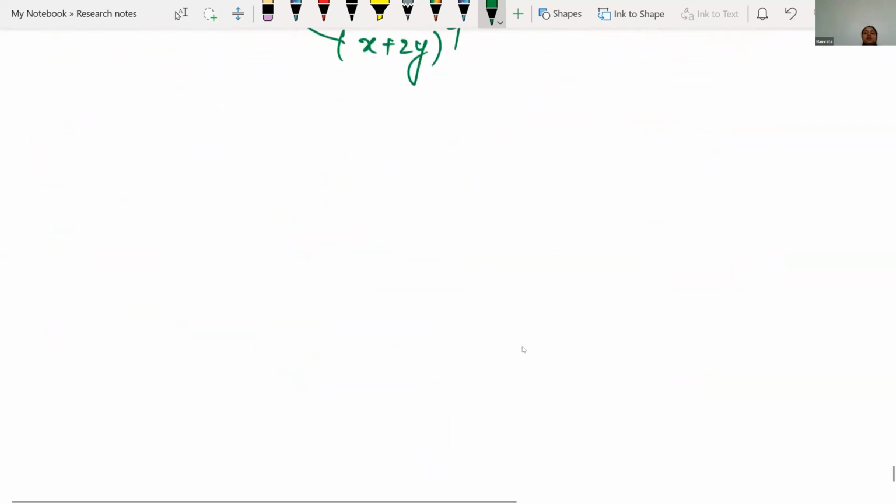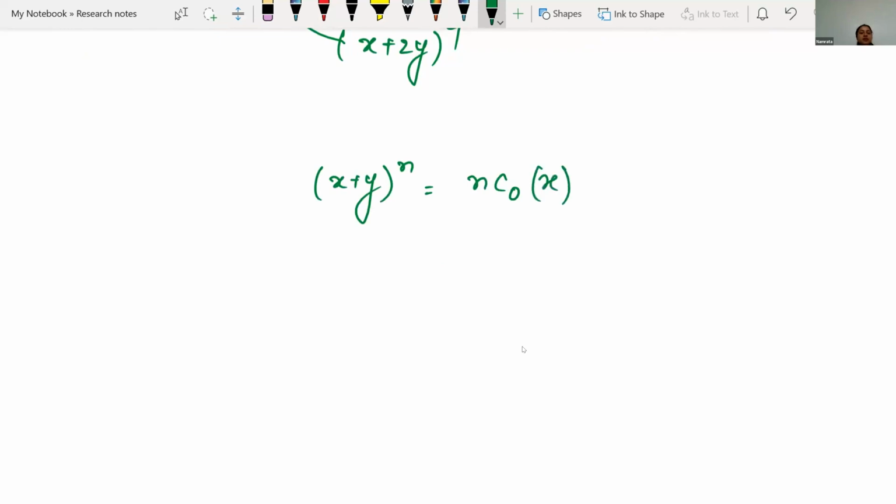Previous day we had the discussion about the general term, that when we are having, let's say, x plus y to the power n, the formula was nC0 x to the power n minus 0, y to the power 0, right, Lina?